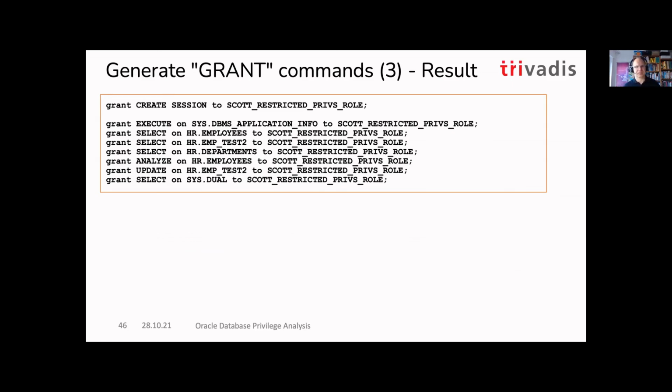So from the whole list of privileges, these are the remaining 8 privileges which are required for the user Scott in this test. And then you can go and revoke all the privileges which have been granted to Scott before, create the role, and then grant the role to Scott. And then you're fine. Scott only has the privileges which he really needs.